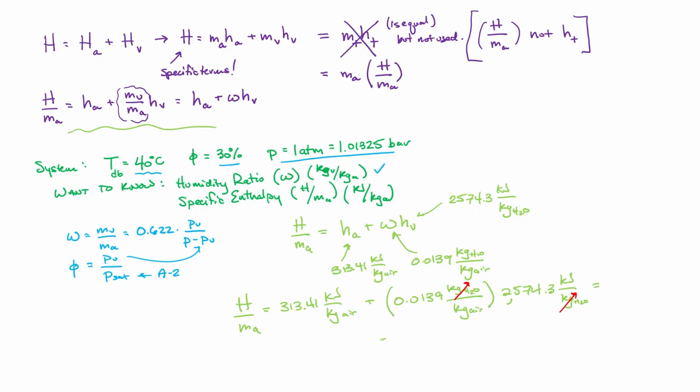So that is going to give me a value for this H of 349.20 kilojoules per kilogram air. Okay, that was a lot of work. And in reality, that is a lot more work than we actually have to do. So that was working it out by hand.